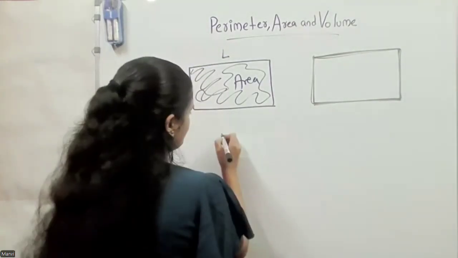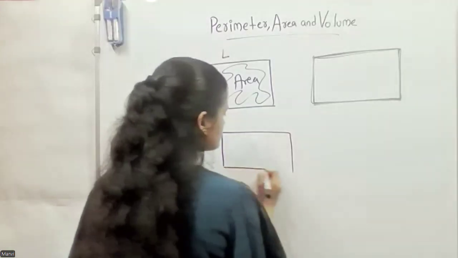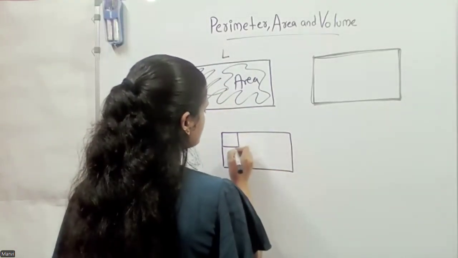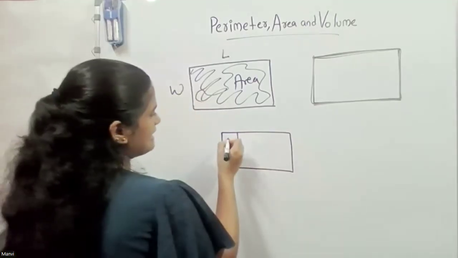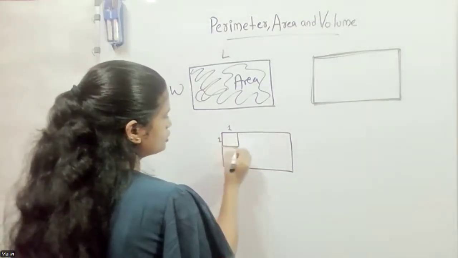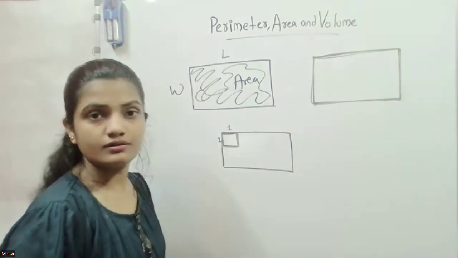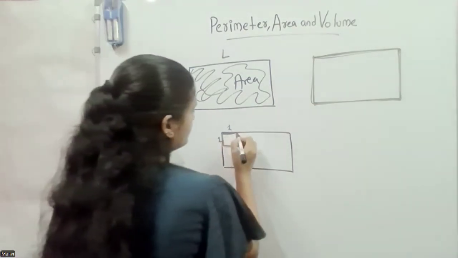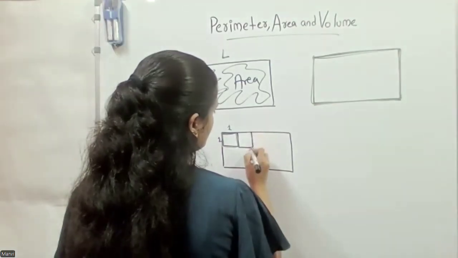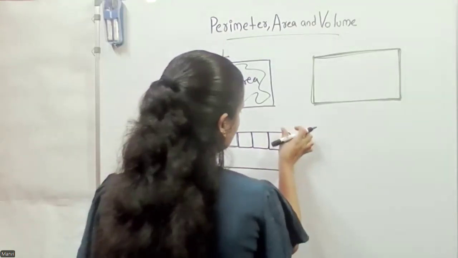Just take one example. For example, we have one bigger box and we are putting small cubes inside it. The side length of the small cube is 1 centimeter. Then one more, then one more.